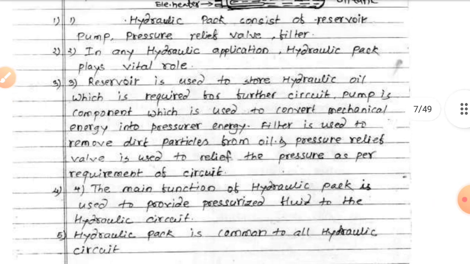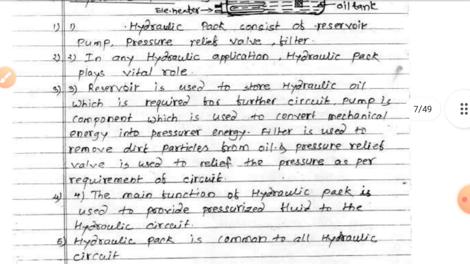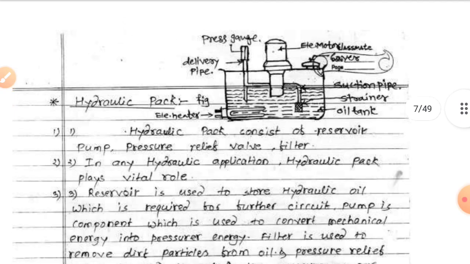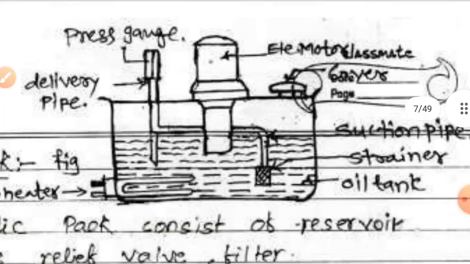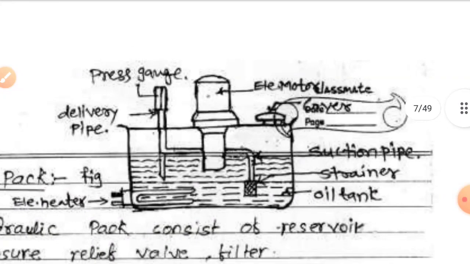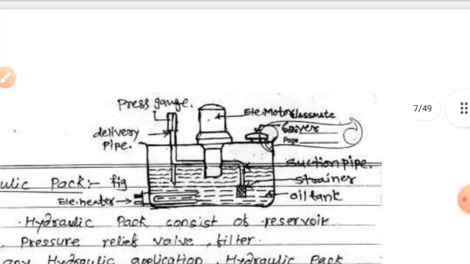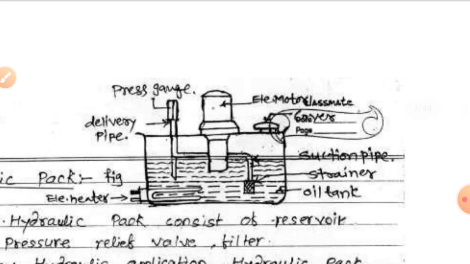So this is the basic information regarding hydraulic power pack. Basic elements of hydraulic power pack: oil tank, strainer, suction pipe, delivery pipe, pressure gauge, motor, pumps, and leveling tube.